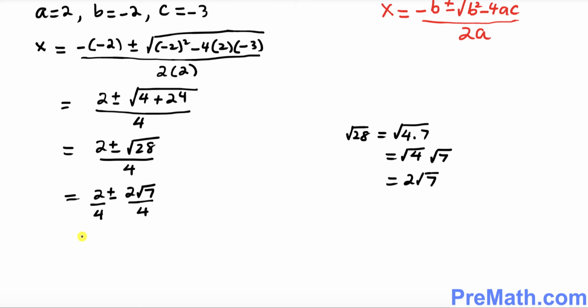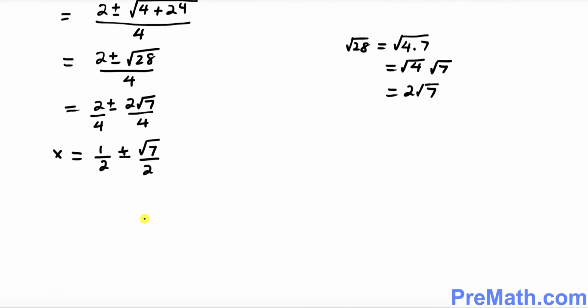So this whole thing can be written as 2 over 4, which can be reduced to 1 over 2, plus minus 2 over 4 times square root of 7, which can be written as square root of 7 divided by 2.